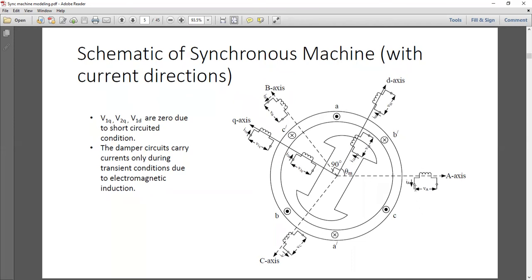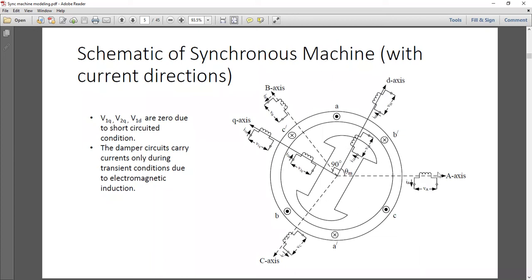So if there is any current flow in any of these coils, there will be some flux linkage of whatever flux will be generated due to this IA. Some of the flux will be linked with this coil, and at the same time there is every chance that those fluxes will also be linked with all the other coils present in the system, isn't it?